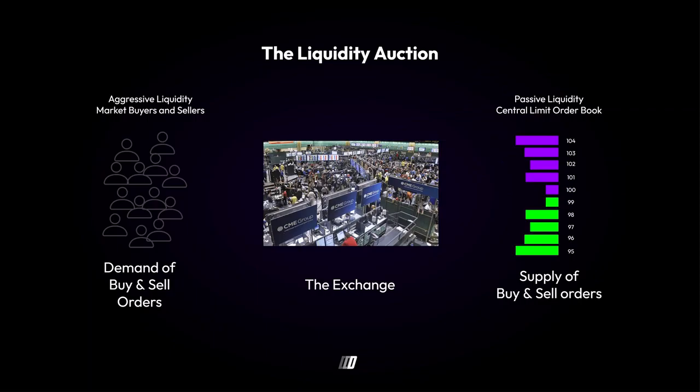So people who, just like we did before, are clicking the buy market button. Well, these are the limit orders, the limit buttons. And of course, in the middle, in the exchange, everything is facilitated through so-called matching algorithms that we will get to know shortly.